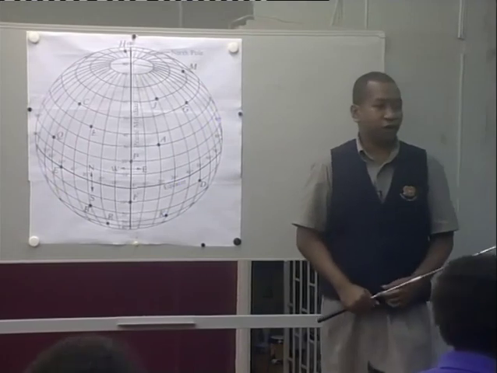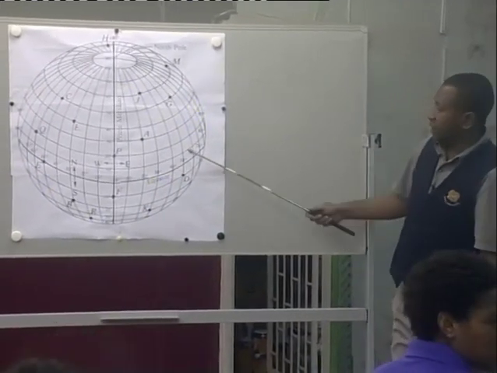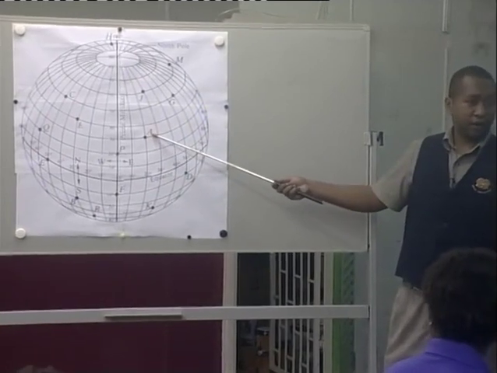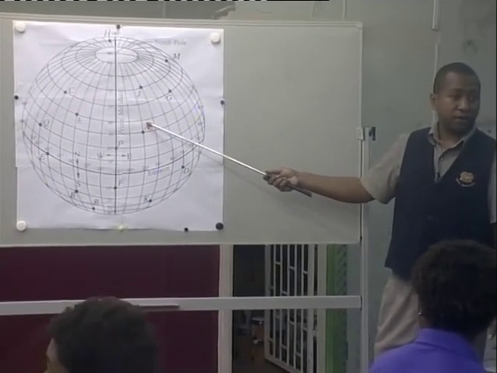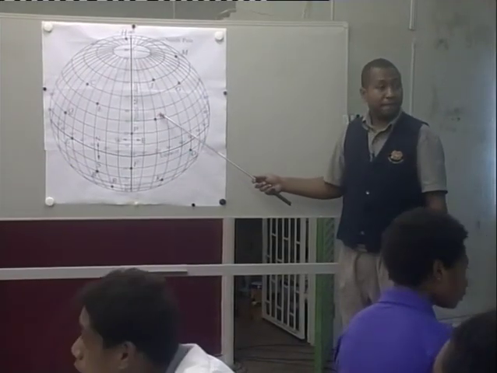Eno, what do you think? How can we locate letter A on the globe? The latitude of letter A. 20 degrees. 20 degrees what? 20 degrees east. Good try.